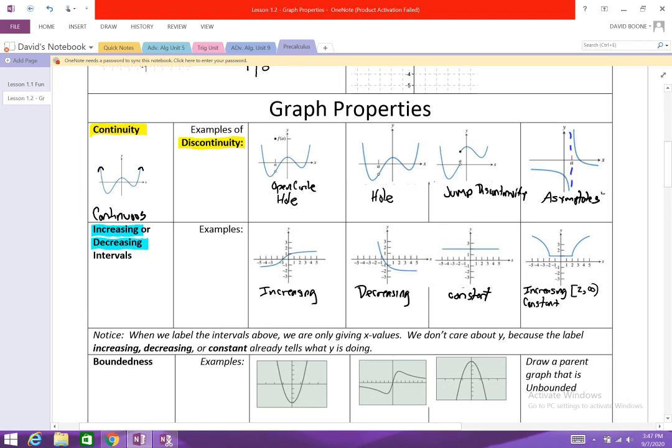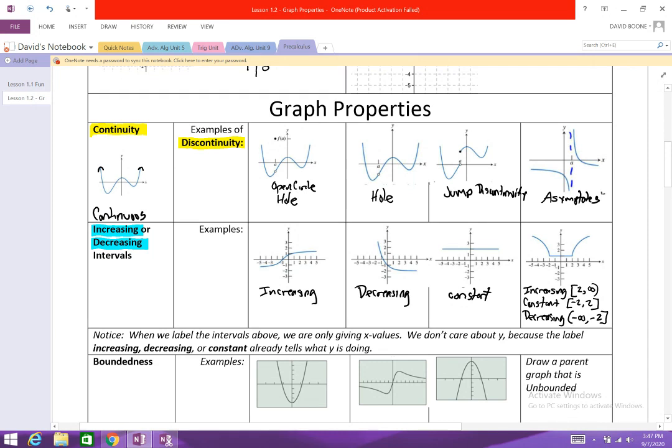It's neither going up nor down, between -2 and 2, and it does touch that. And on this part here, it's decreasing, from negative infinity out until it hits -2. So that's where it's decreasing. It is from negative infinity all the way up to that -2, and it does touch it there.